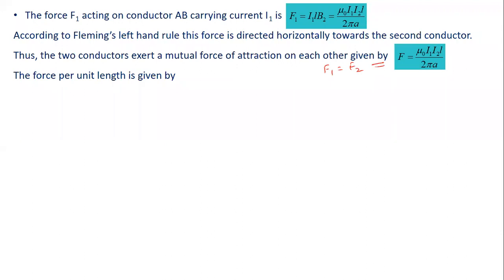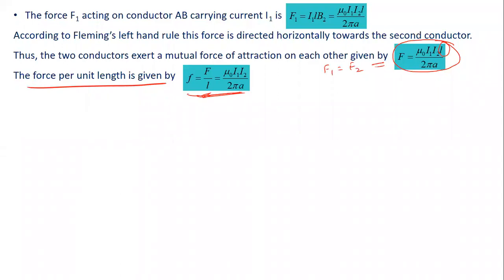So F is equal to mu 0 I1 I2 L divided by 2 pi A. This is the formula of force. Now the force per unit length: we shift L to the left hand side, so F by L is equal to mu 0 I1 I2 divided by 2 pi A. This is the force per unit length.